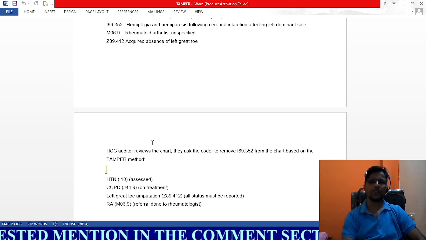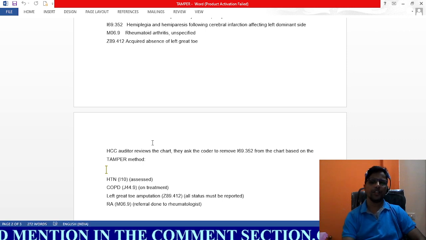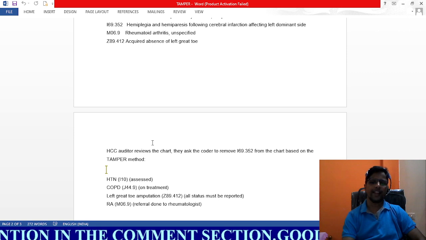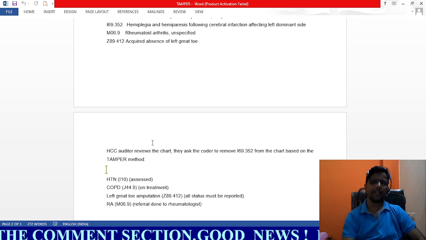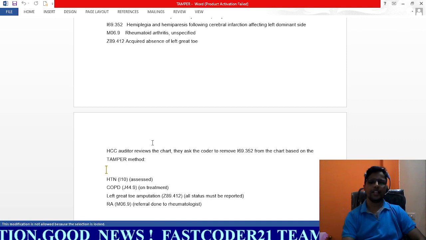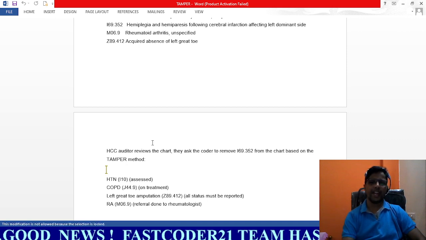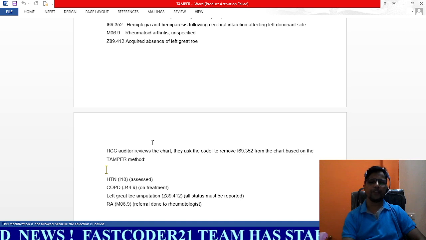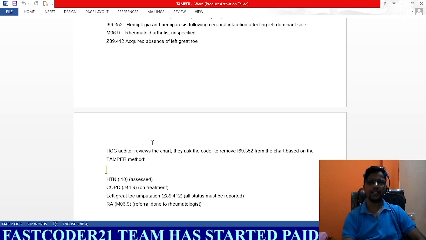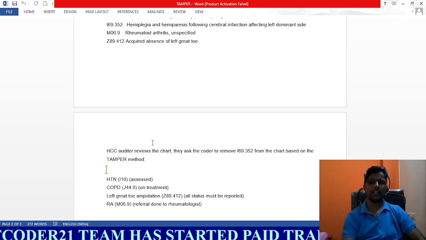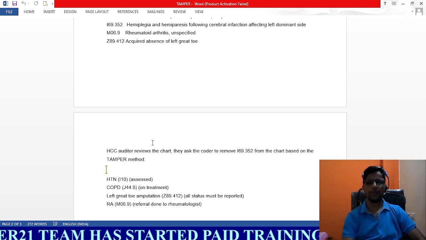After removing I69.352, the correct coding is hypertension, as the physician has assessed. In the assessment plan, he mentioned that he prescribed nifedipine. COPD, where the physician mentioned that the patient is currently on Ventolin inhaler, and also left grade 2 amputation.